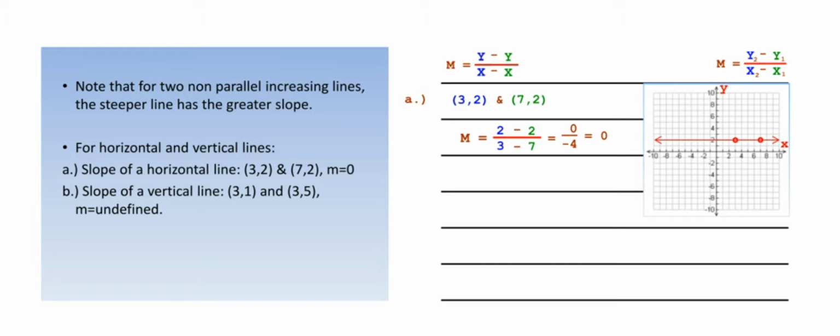So, hey, that's why our slope was 0, because the line doesn't go up or down. It's just a horizontal line. Agreed? So just as it stated for A, when our slope is 0, we have a horizontal line. It doesn't go up or down. It just stays straight, horizontally.